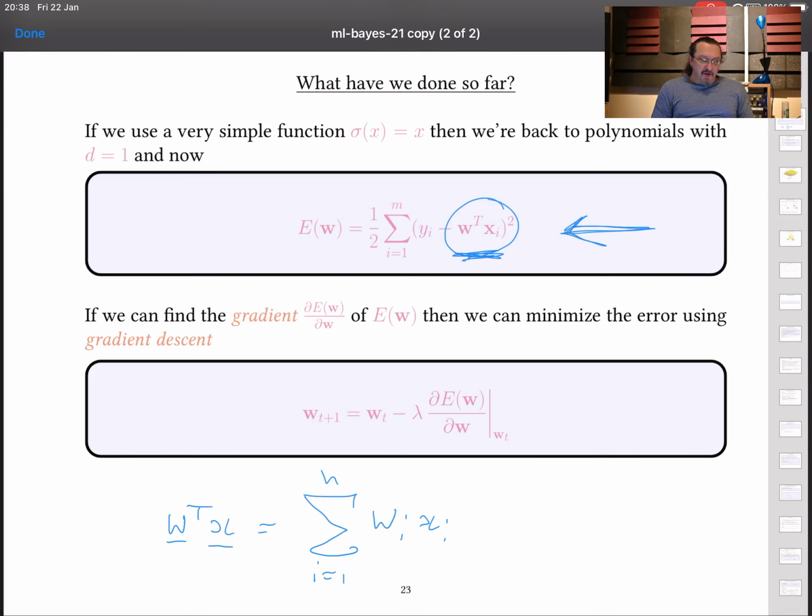So E of w is a function of w, its derivative with respect to w tells you its gradient, and if we take steps in the direction of the negative gradient, we hope that we're just going to go downhill and eventually find a w for which E of w is small. And we have lambda here, which sets the size of the steps that we take.